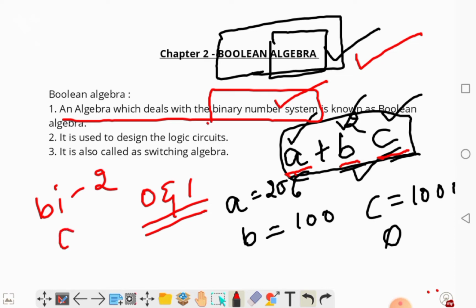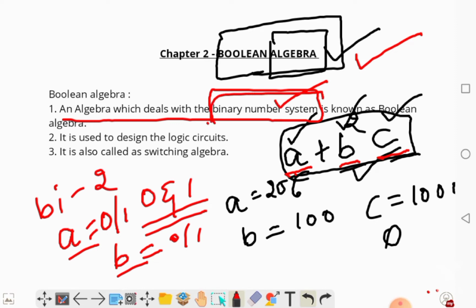If we have the variable A, the variable value must be either 0 or 1. If we have the variable B, the variable value must be either 0 or 1. For all the variables in the Boolean algebra, the value must be either 0 or 1, because the Boolean itself means the algebra which deals with the binary number system.